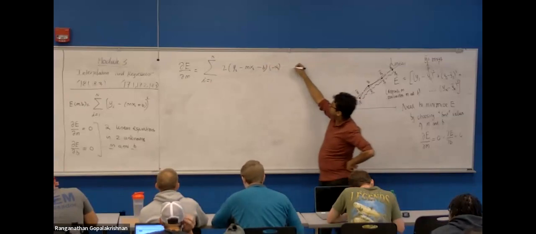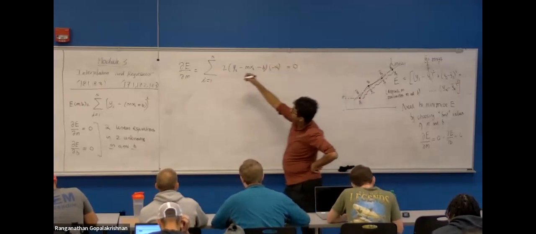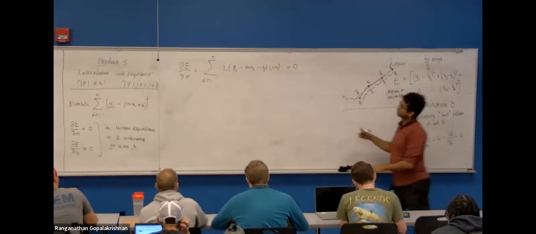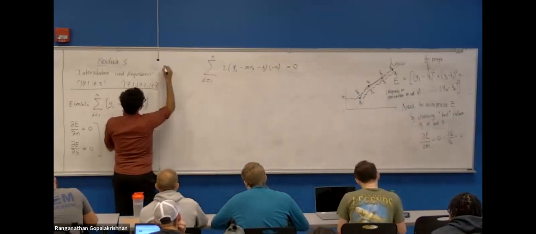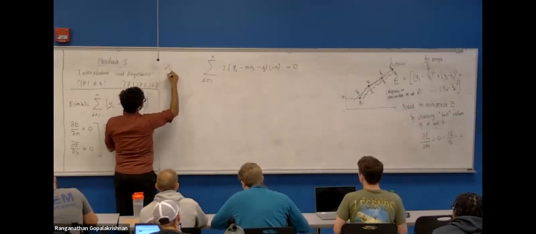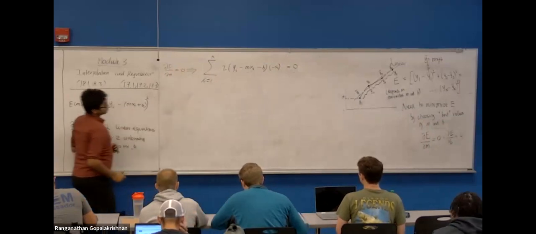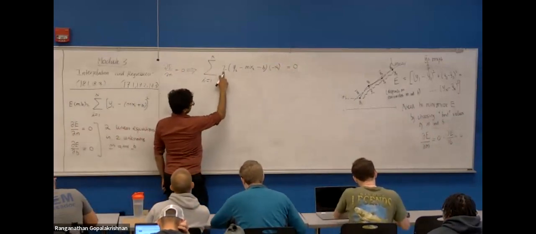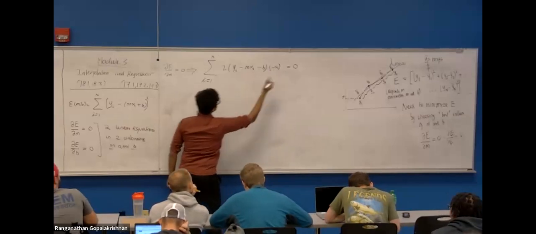And then you want to equate this expression to 0. So to avoid confusion, partial E over partial m if executed and equated to 0 will yield this. So let's do a little bit of cleanup before we move on. Minus 2 can be dropped because the other side is 0.